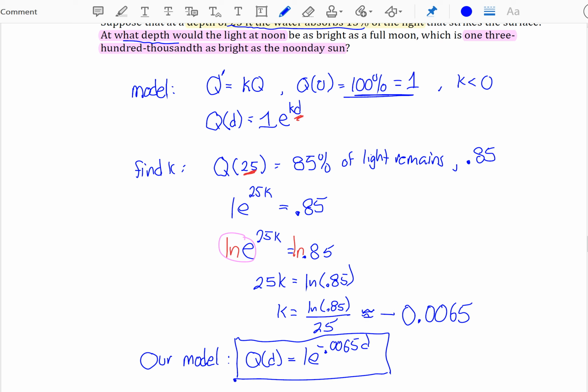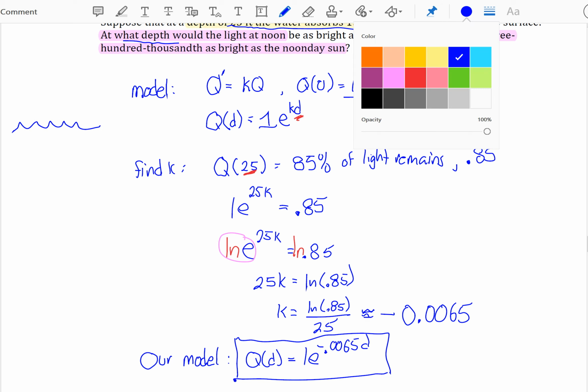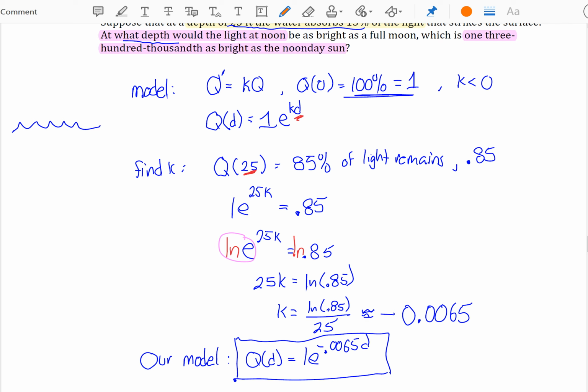So what you'd like to visualize with this problem, and I'm going to do my best artwork I can with this, is the sun at 12 noon striking the surface of the water.